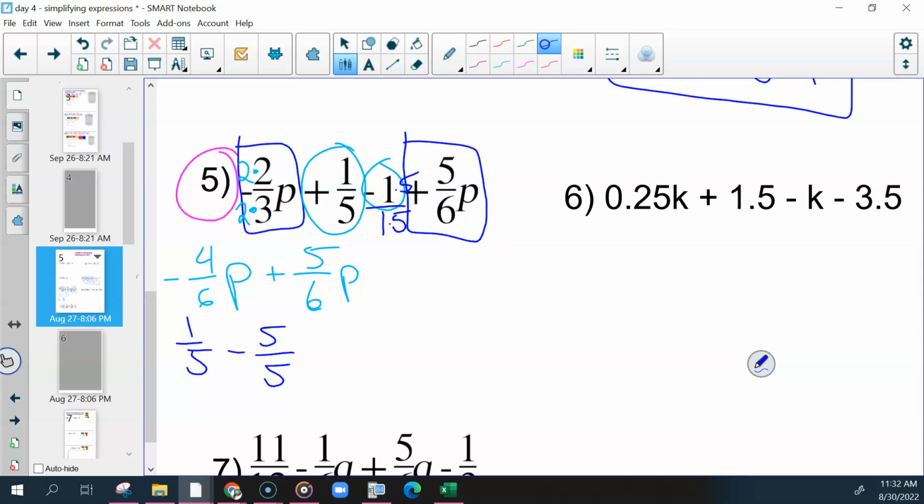Now, both of these sets of fractions have the same denominator, so we can actually combine them. Negative 4/6 plus 5/6, we are just doing our numerators. We are not touching the denominators. How many p's would we have? Alex, 1 over 6? Is that what you said? I said 9. So this was negative 4. Oh.